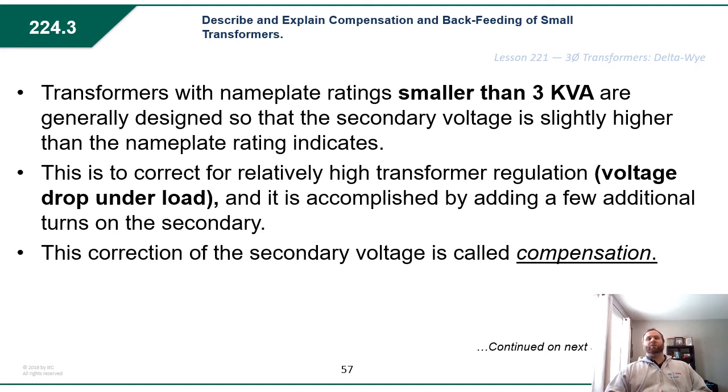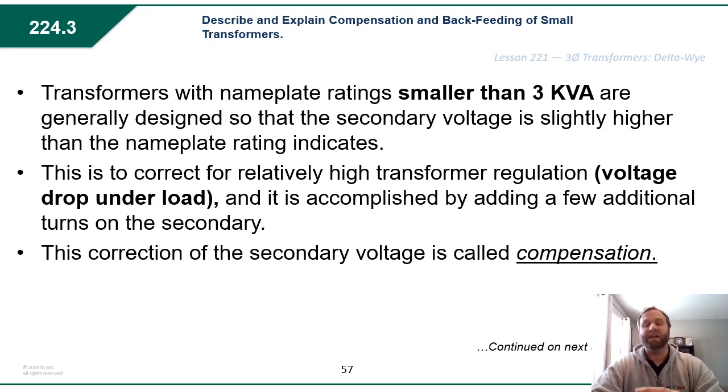With buck boost transformers, smaller transformers rated 3 kVA or less are generally designed so that the secondary voltage is actually going to be slightly higher than the nameplate rating indicates. This is compensation. The reason being is oftentimes there's going to be a voltage drop under load. It means once the load is engaged, the volts are going to drop to compensate for the load.